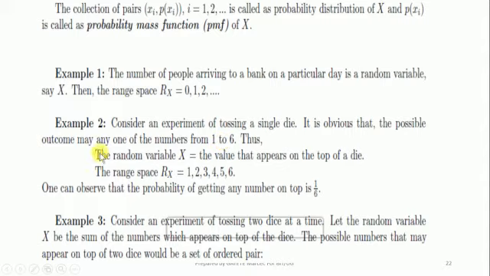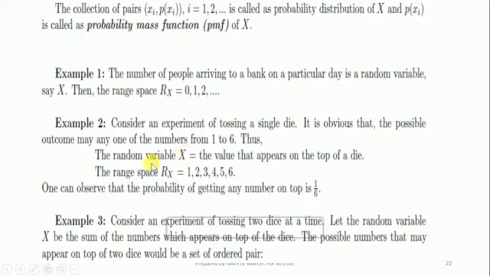So the random variable x will be the value that appears on the top of a die. If you toss a die and you have a 3 at the top, it means that x will be equal to 3.